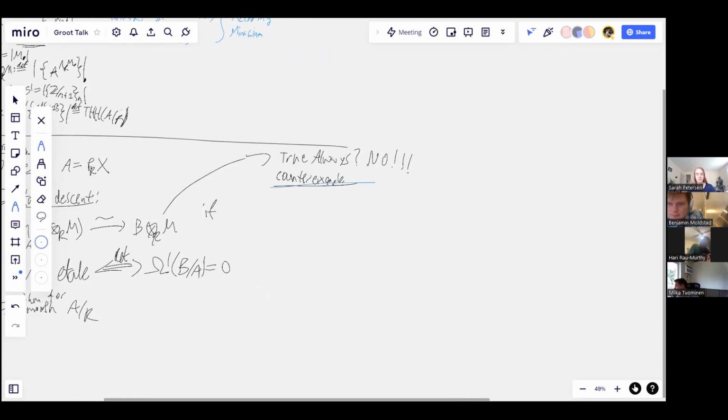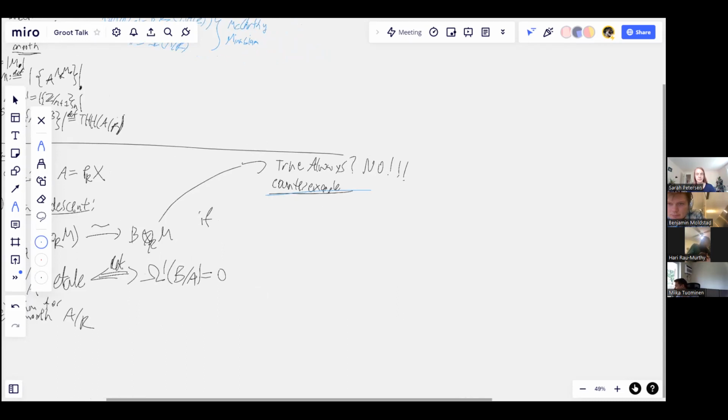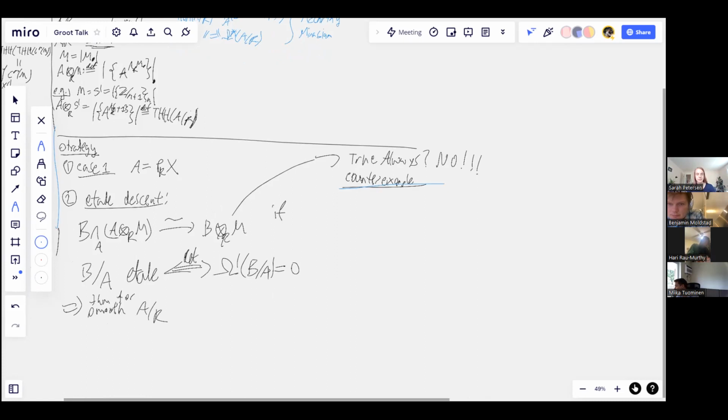In this étale descent thing, let A be equal to R. In that case, the tensor product of A over A with M is going to be equal to A, because the smash products over here are all going to cancel out. So I'm going to get a simplicial set, which is A in every degree, and the realization of that is A.